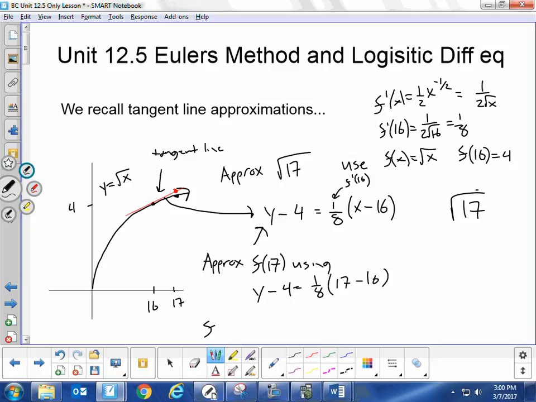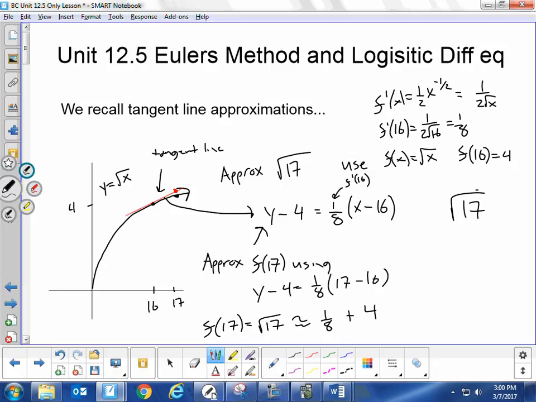Or f of 17, which is the square root of 17, is approximately 1/8 times 1 plus 4. In your calculator, go ahead and plug in 4 plus 1/8 and see what it equals.